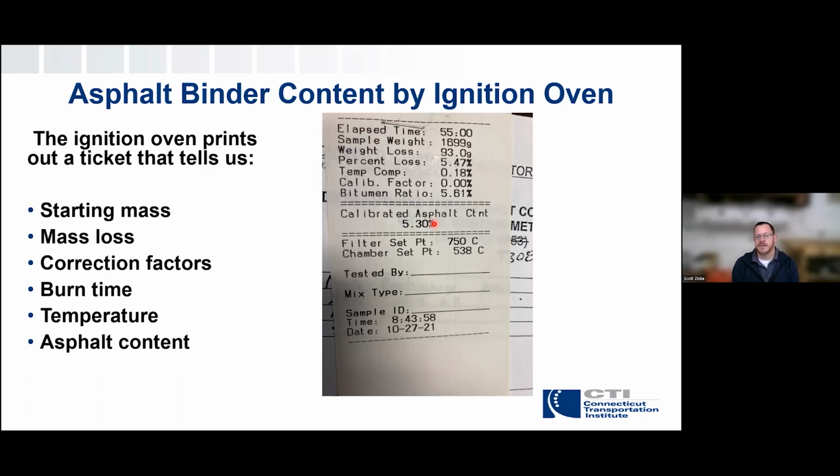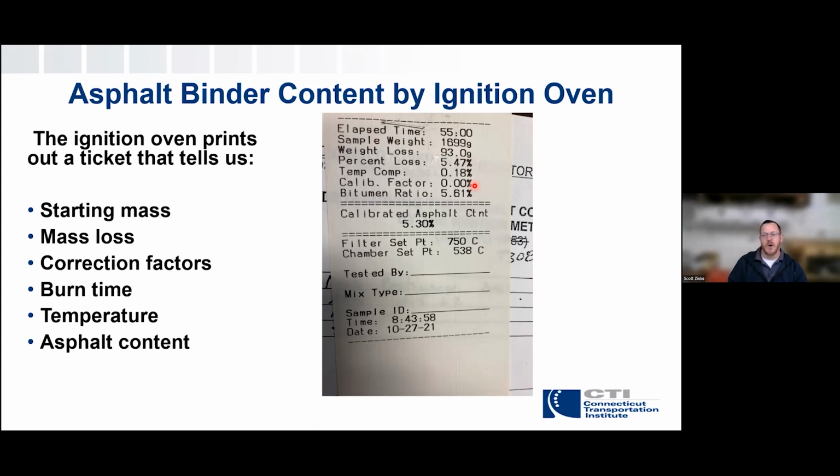The next thing down, you'll see it says calibration factor, that C-A-L-I-B. That is short for calibration. Each individual mixture has to have what's called a calibration factor. And we run this beforehand. We determine what these mixtures are beforehand during production because we have to know about how much material we're not accounting for that may have gone up the stack, the particulate matter that may have been lost through the exhaust on the ignition oven, or any number of combinations of other things.